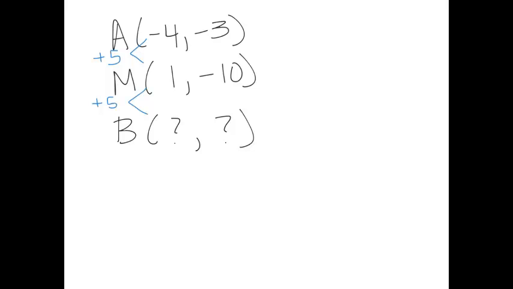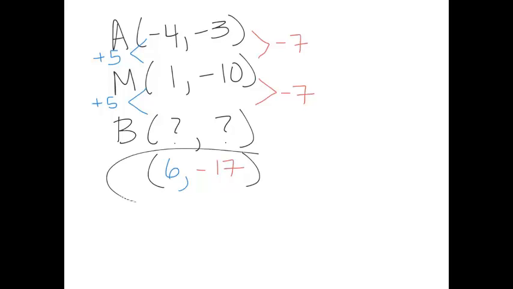So 1 plus 5 is 6, the same 6 that we got before. Likewise, on the y side, from -3 to -10, we've decreased 7 units. And since M is the midpoint, to get to B we're going to decrease another 7 units to -17. So here we go, the same endpoint that we got using the formula, we can get just using an understanding of what the midpoint is.